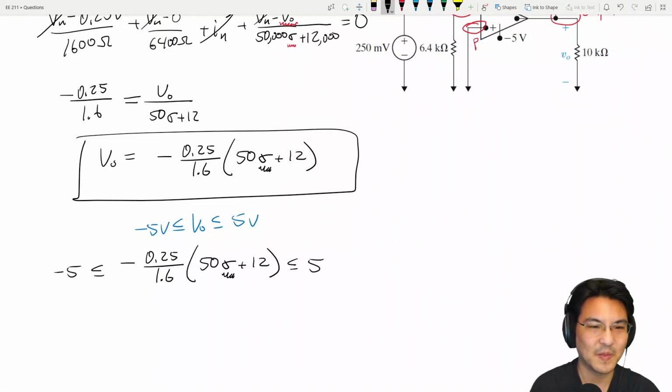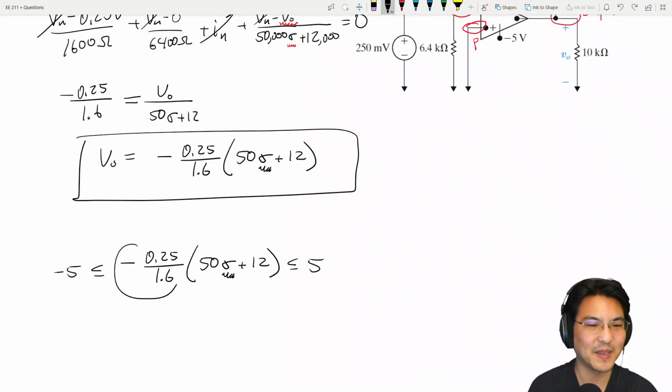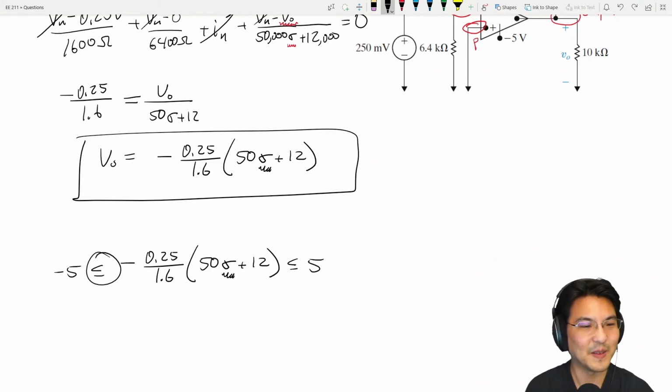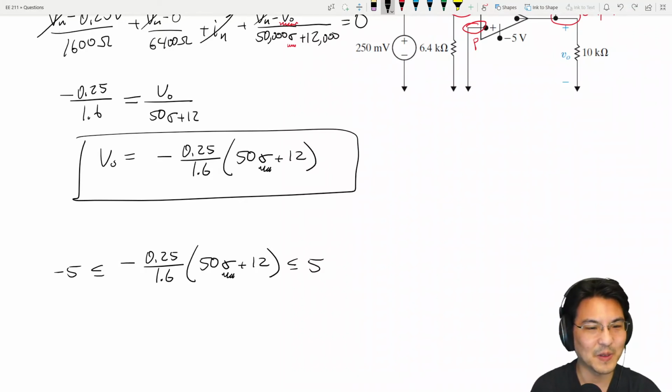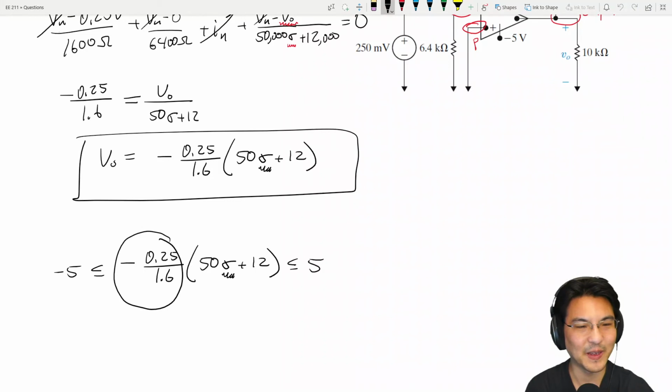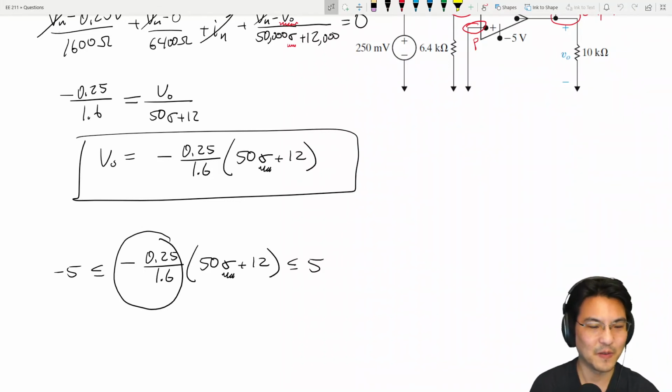There. Okay, so let's just finish this. See the minus? If you multiply by a negative, then the inequality flips over. So I'm going to multiply by the reciprocal of negative 0.25 over 1.6.